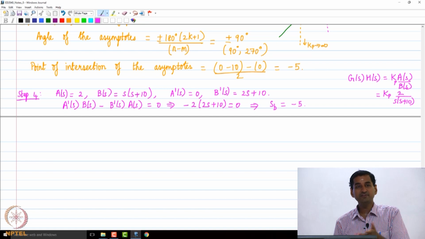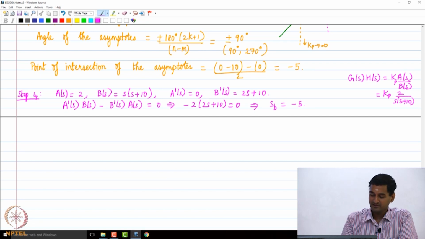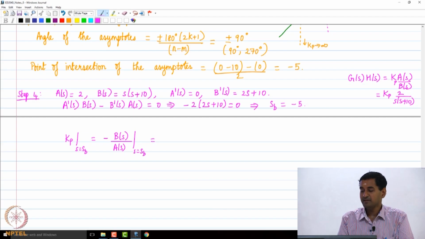As I told you, we need to find the value of the parameter in the open loop transfer function. This is Kp here. So the value of Kp at s equals s_b is going to be minus B(s) divided by A(s), evaluated at s equals s_b. So what is this going to be?